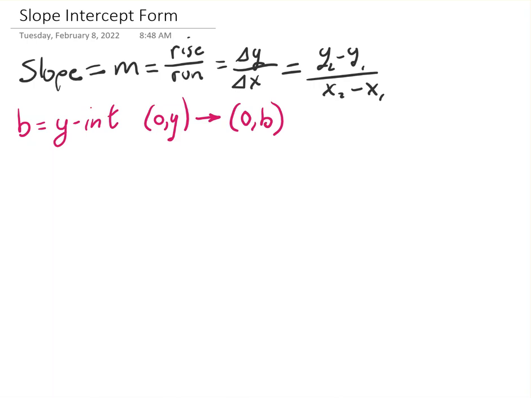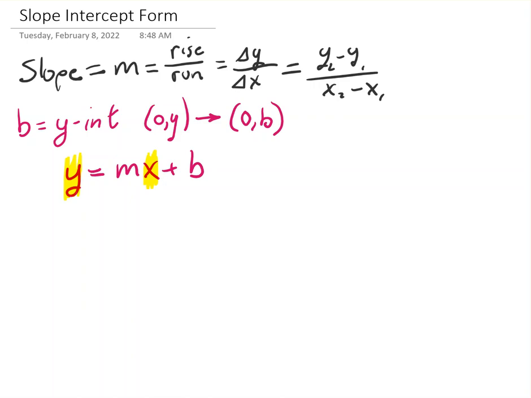So if that's the case, then what we have here is y equals mx plus b, where this and this are permanently etched into that equation.